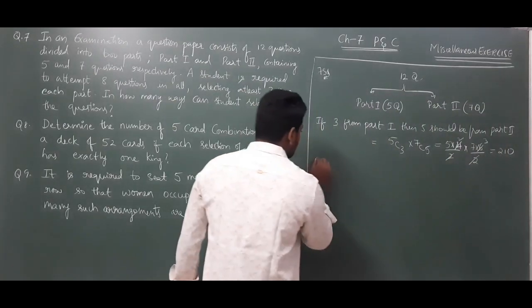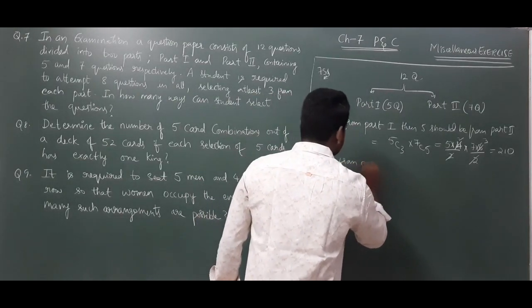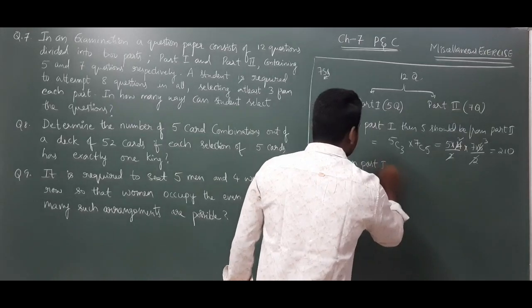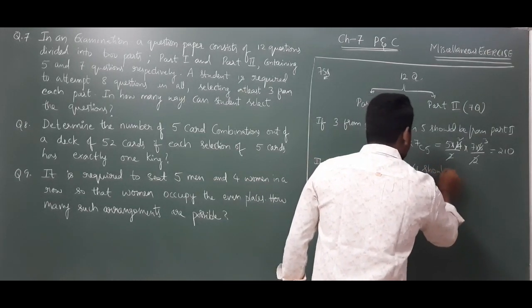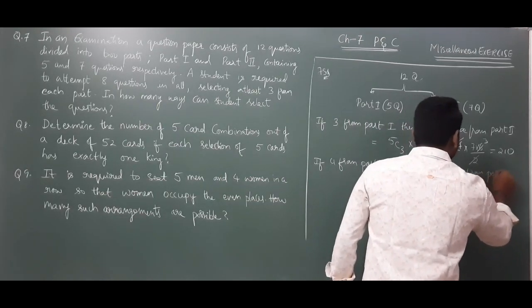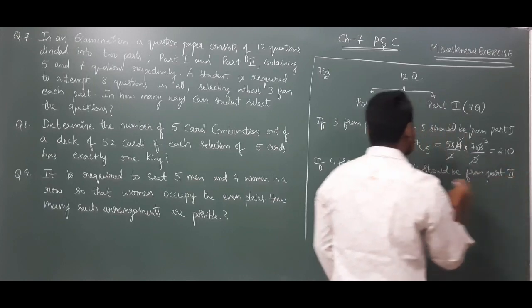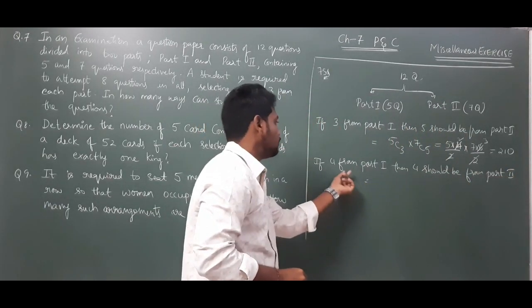Next, another case. If 4 from part 1, then 4 should be from part 2. Did you understand? Total 8 questions we need to write, at least 3 should be there. If we take 4 here, at least 3 are there.